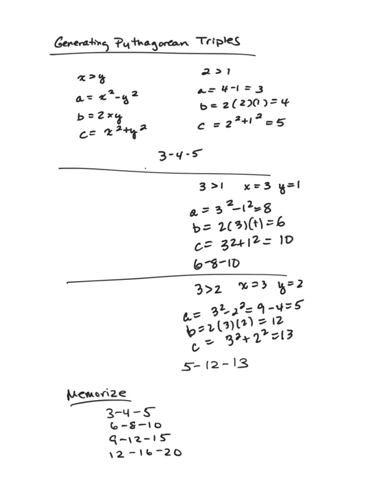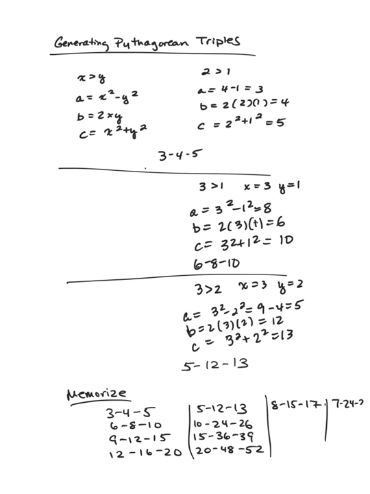Those are all 3, 4, 5s. 5, 12, 13: multiply it by 2, by 3, by 4. You get the idea? Okay. All right. 8, 15, 17, any multiples thereof. And 7, 24, 25. I suggest you memorize those. Okay?